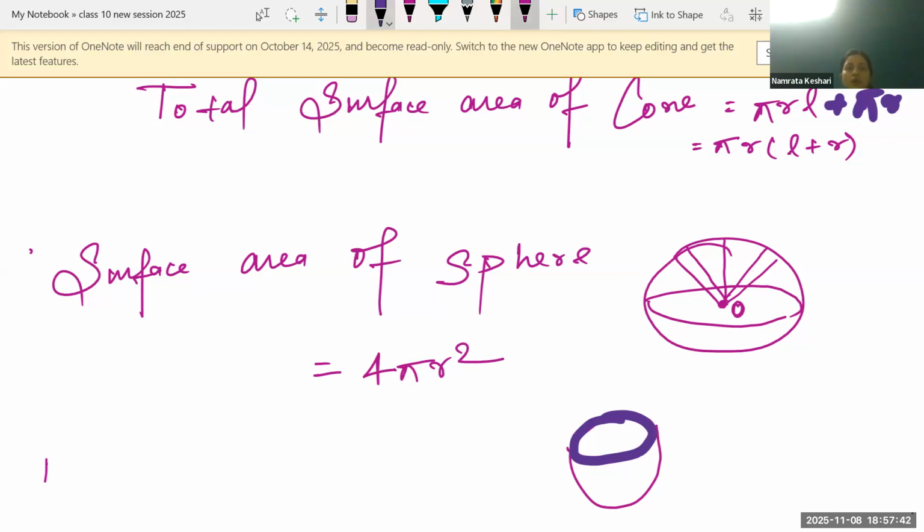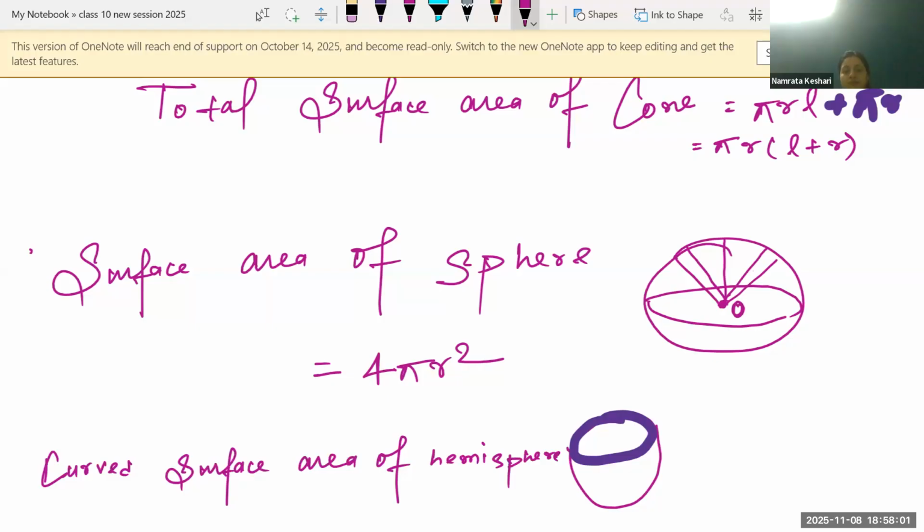So for hemisphere, the curved surface area formula is the sphere's formula divided by 2. That is 2 pi r square. Okay.